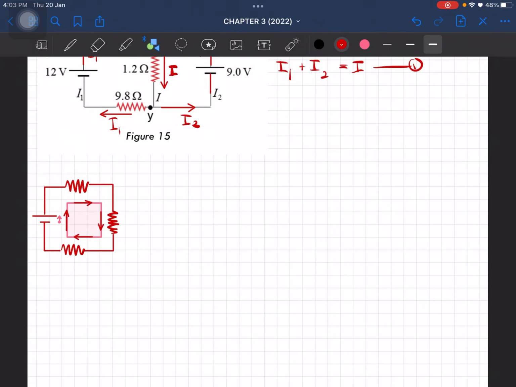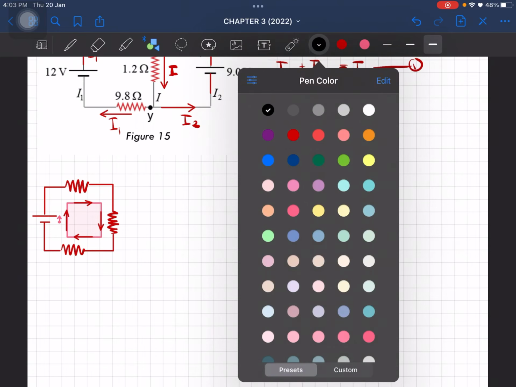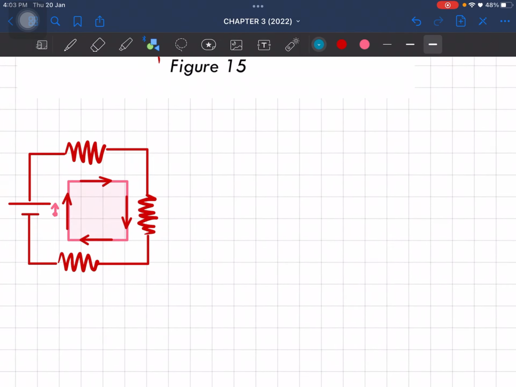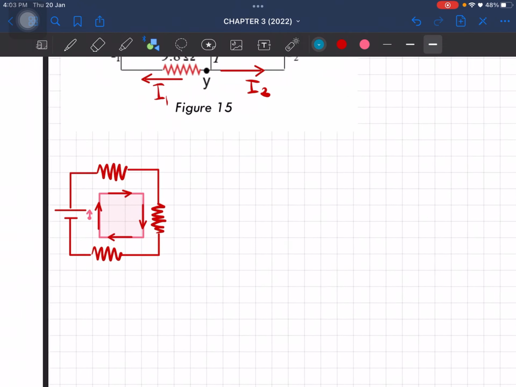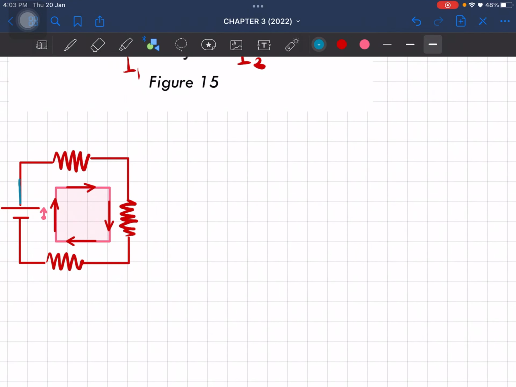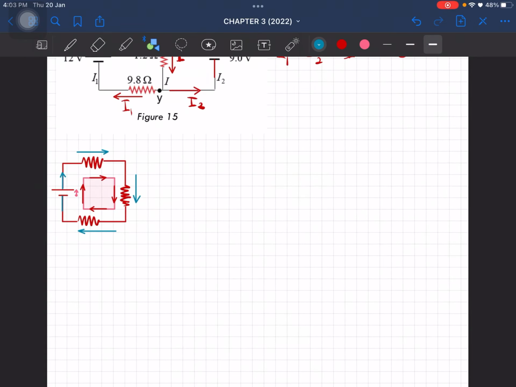Okay, then let me also draw the current. I'm going to use a different color so that you can see it. Okay, so the current we always drew earlier. This is the current, then current. This is the current, then here. Okay, so this is loop number 1.